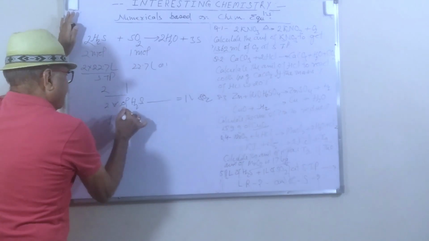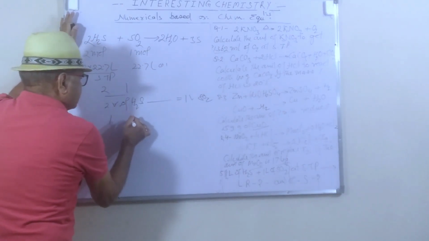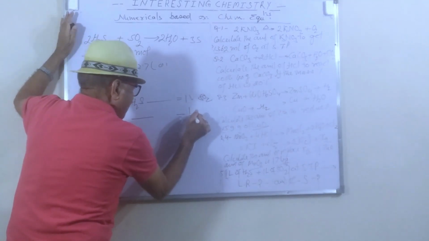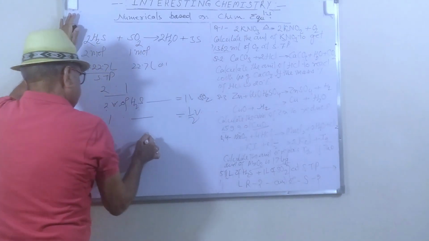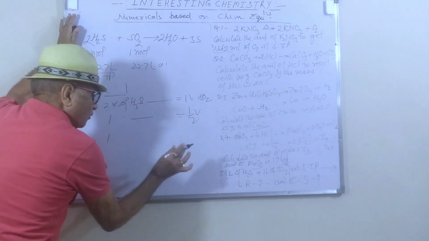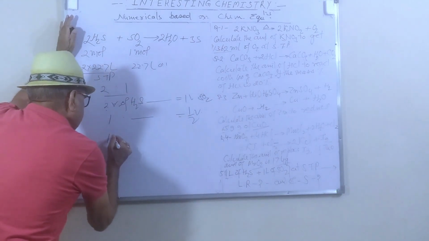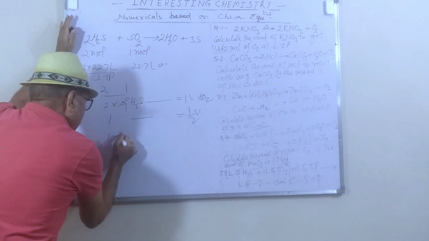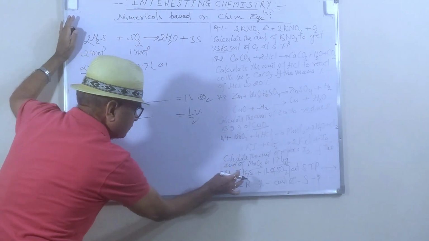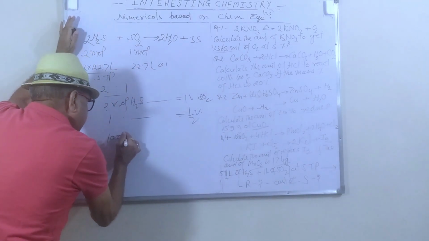So 1 volume of H2S will react with half volume of SO2. What is the volume of H2S here? 1 liter, or 1000 milliliter.